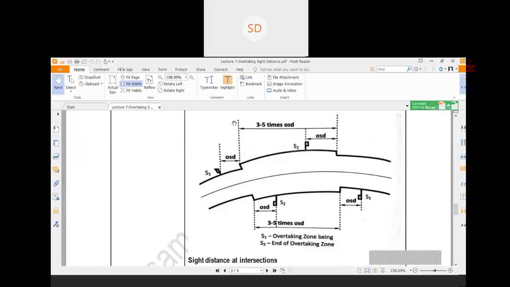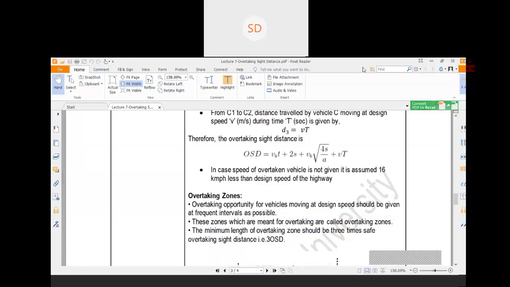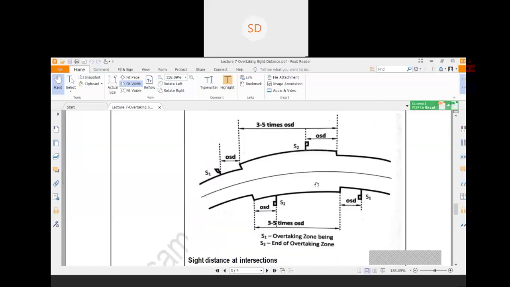Now, what is the total length of this overtaking zone? Generally, the minimum overtaking zone is three times the total overtaking sight distance, and the desirable is five times the total overtaking sight distance, which you have found from this equation.